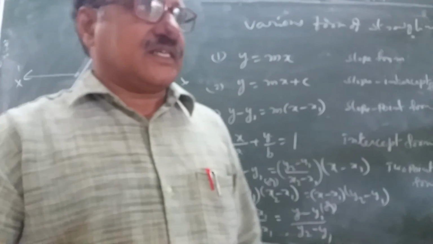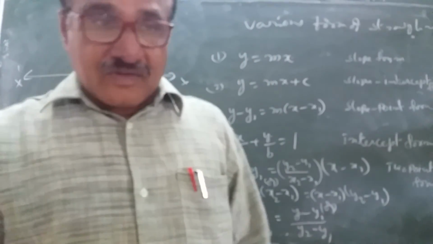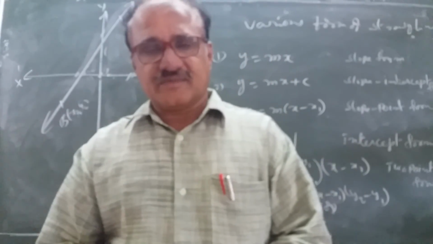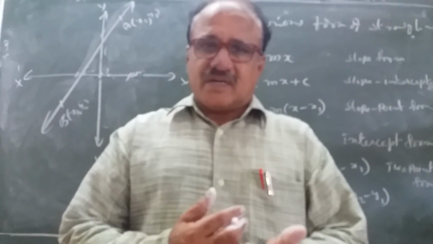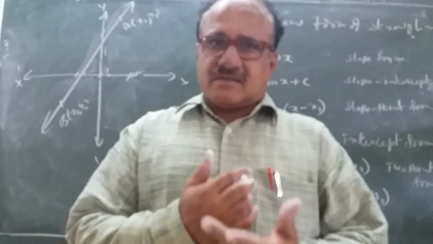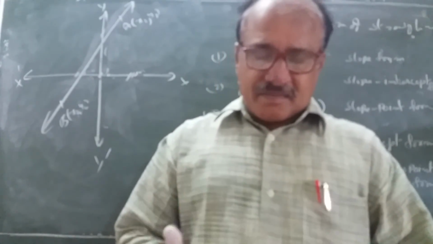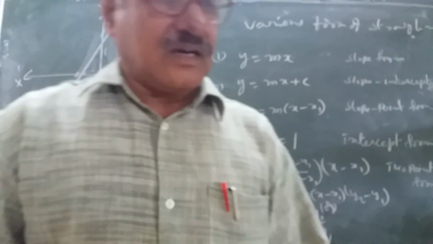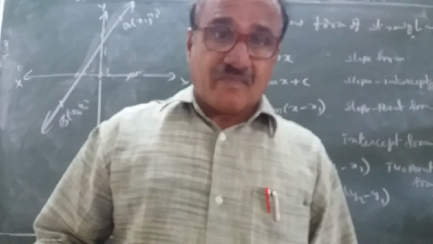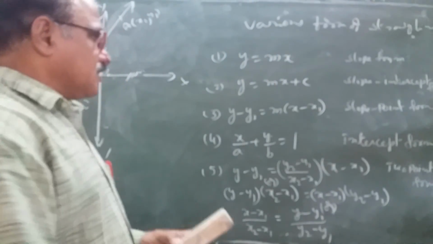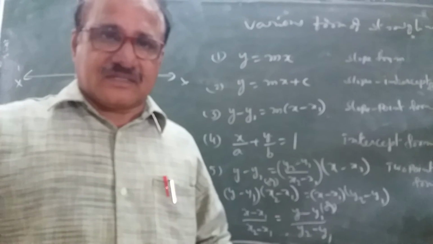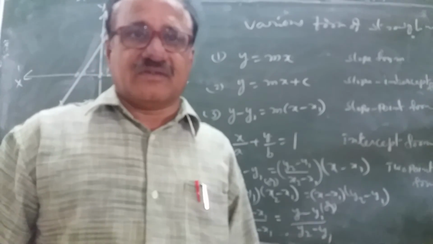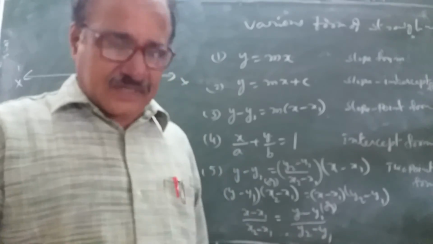In this first year section we have to know some more forms: three new forms are there, that is normal form and parametric equations of a straight line, and another one is there. We have to know in the next class. First you have to write this in the notes, and you have to remember this. By using this you have to solve so many problems. Okay, bye.